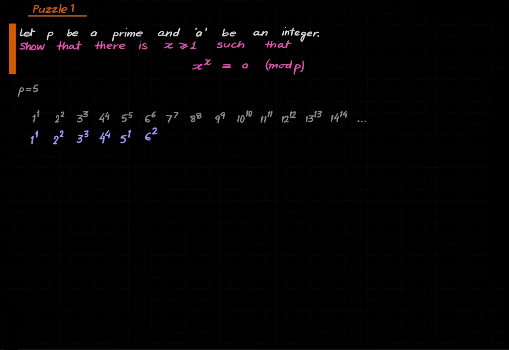Similarly for 7 to the power 7, here I can write 7 to the power 3. Here I can write 8 to the power 4, and instead of writing 9 to the power 5, I'll write 9 to the power 1, because 9 is p minus 1 times 2 plus 1. Recall, p is 5.